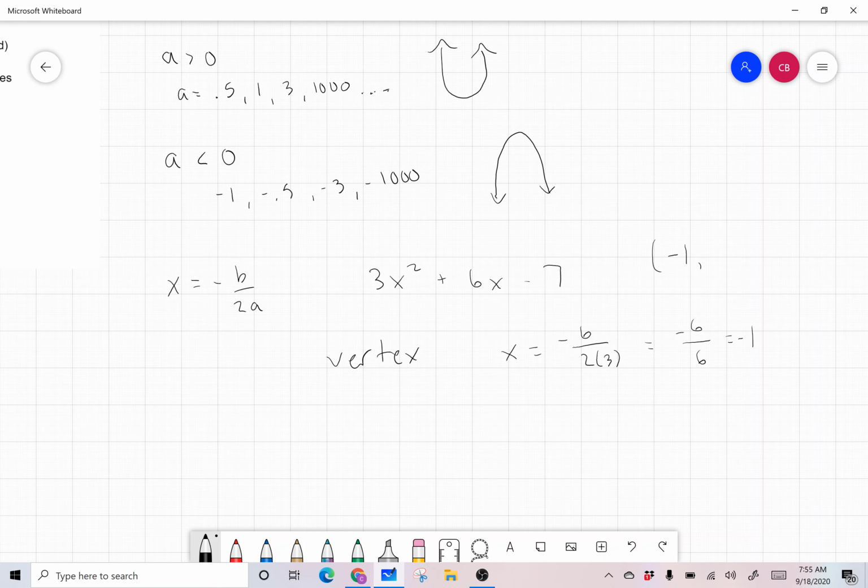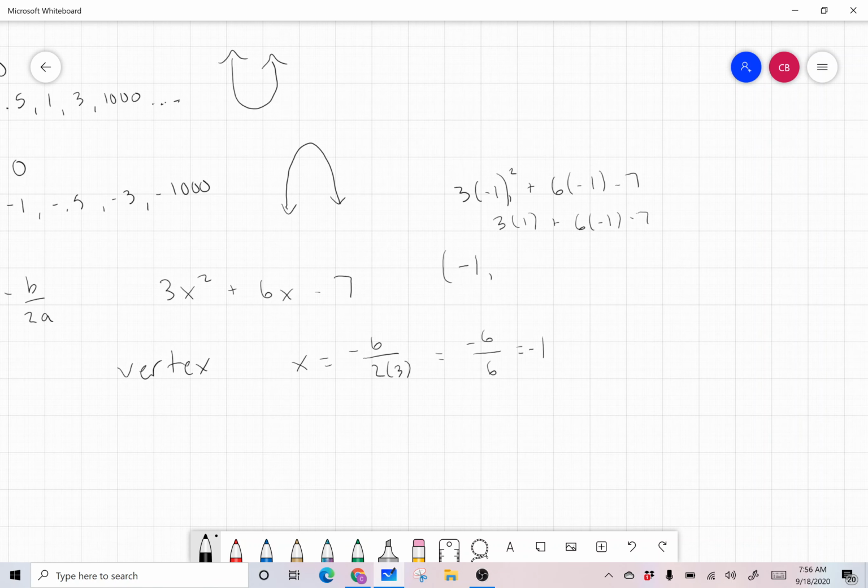We plug that into the equation. We have 3 times -1 squared plus 6 times -1 minus 7, which is going to be 3 times 1, 6 times -1, minus 7.